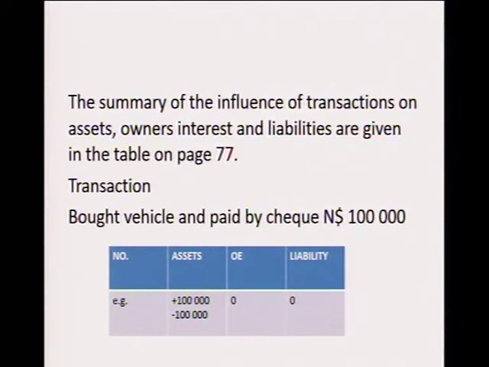Now the summary of the influence of transactions on assets, owner's equity and liability, you will find on page 77 of your accounting and didactics module. It's very important for you to know how to do the accounting equation.